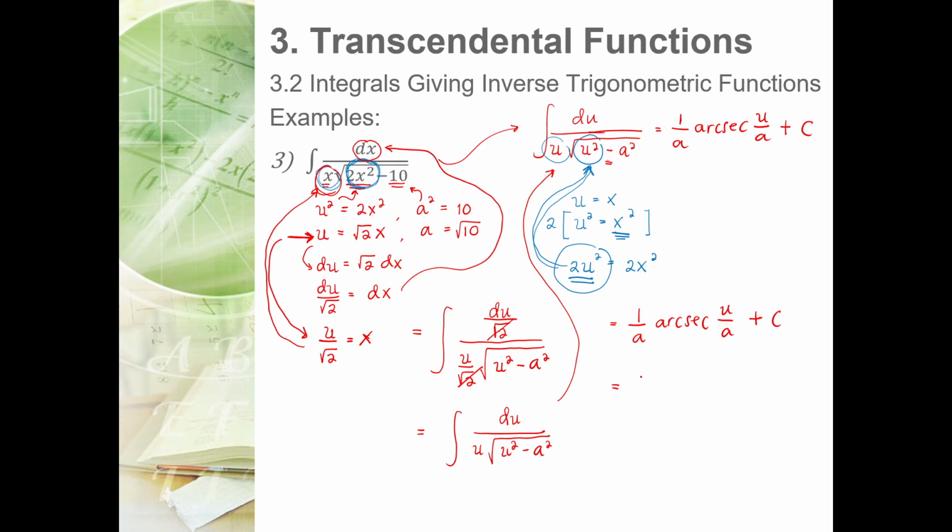So bringing back the values, that's 1 over square root of 10 arc secant square root of 2x all over square root of 10 plus c. If this is your answer, I might not give you full credit because this one is not yet simplified, because there's a radical expression in the denominator.